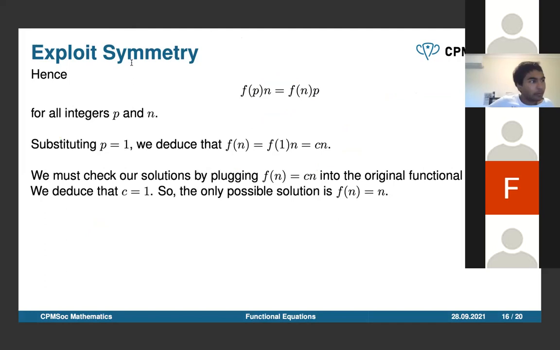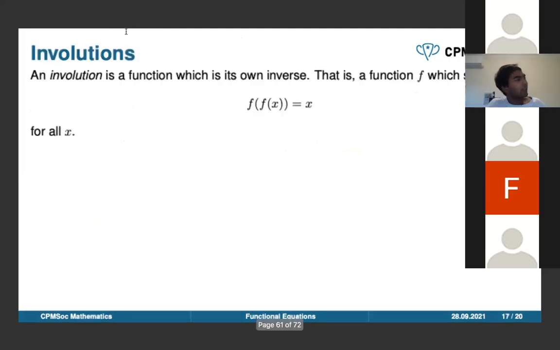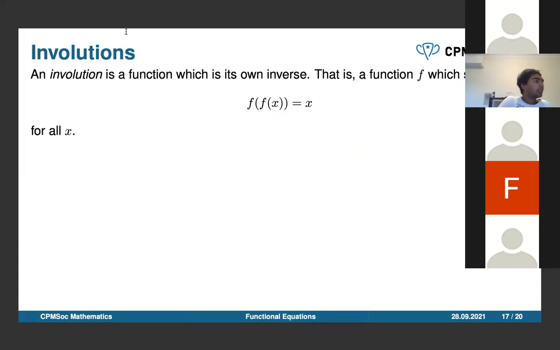Okay, so now moving on to involutions. An involution is a function which is its own inverse. So we have f(f(x)) = x. If you remember inverses, usually you have f inverse of f(x) equals x for all x.